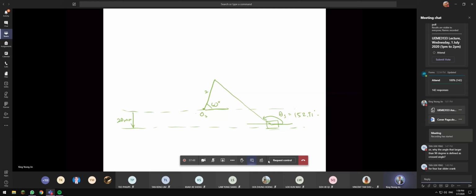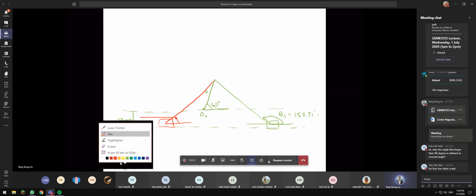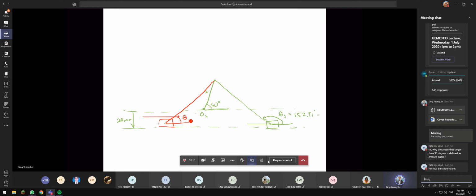There is another possibility that my slider is at this side, so I can also connect it this way. That's why when we calculated the theta 3, we get 27.09 degrees. That's where we get the two different setups.